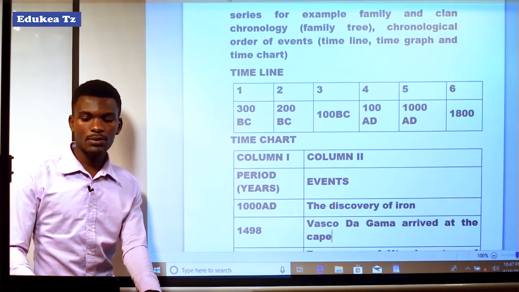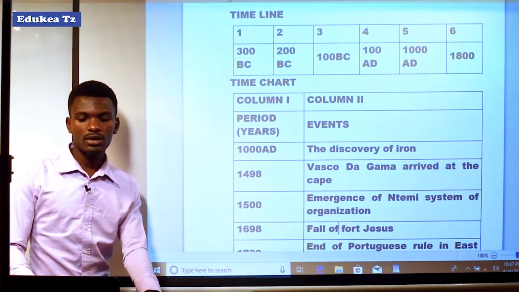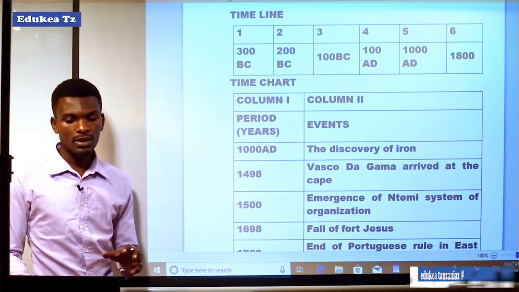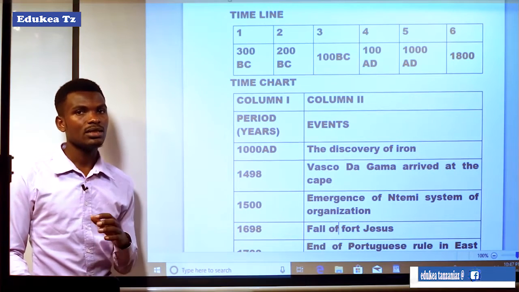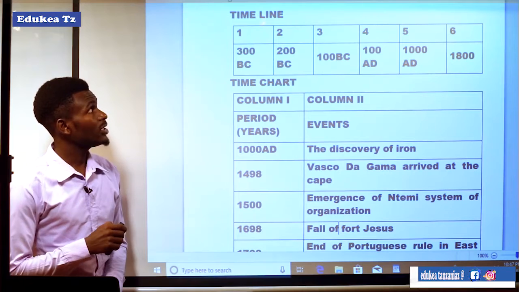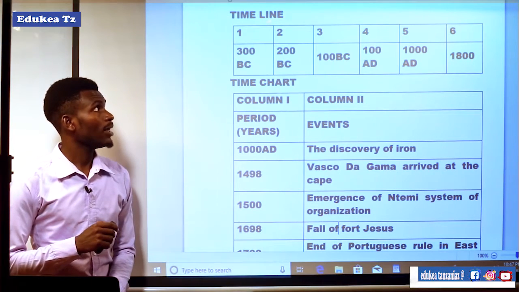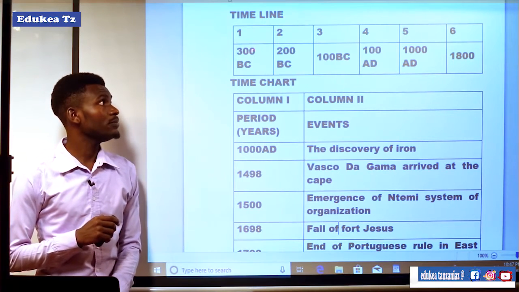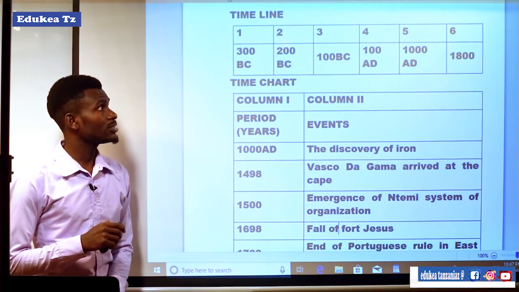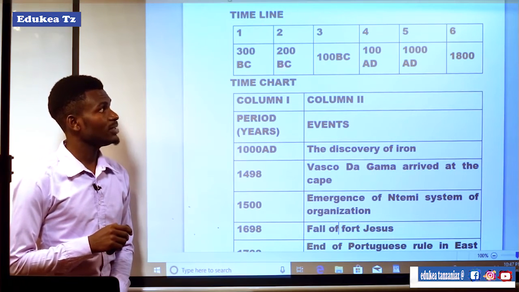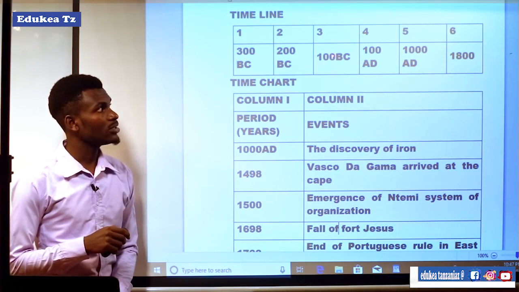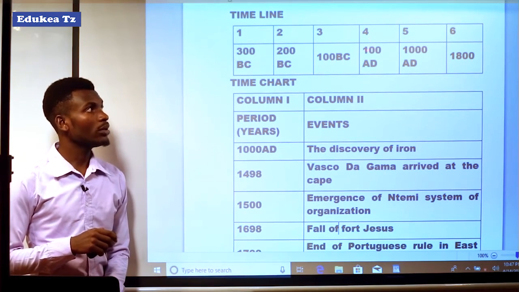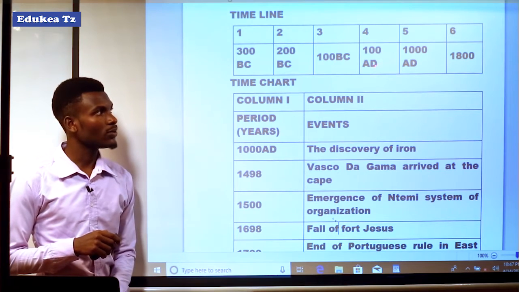Here there are some examples of the methods that can be used to determine the time. Here there is a timeline. Number 1 is 300 BC. Number 2 is 200 BC. Then number 3 is 100 BC, or before Christ. Then number 4 is 100 AD, after the birth of Christ.